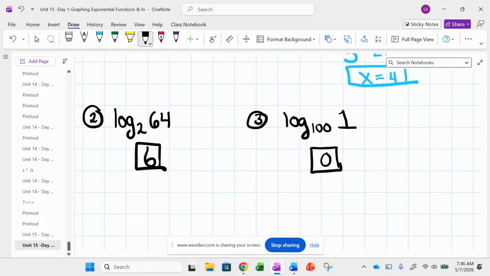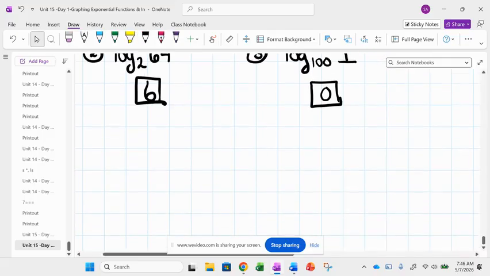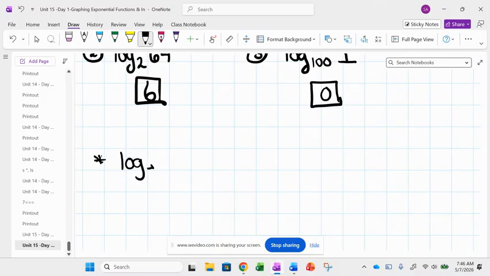Okay, remember I had introduced e when we were graphing exponentials, and I had said for the purpose of graphing, we just needed to know that e was greater than 1, so it was increasing, right? Do we remember that? Well, e shows up in logs also. If I have a log with a base of e, it is never written as log base e.